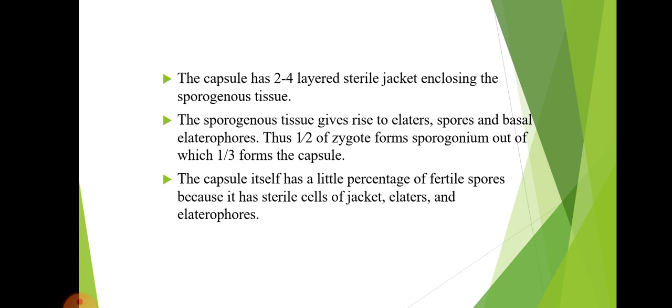Thus, half of the zygote forms sporogonium, out of which one third forms the capsule. The capsule itself has a little percentage of fertile spores because it has sterile cells of jacket, elaters, and elaterophores.